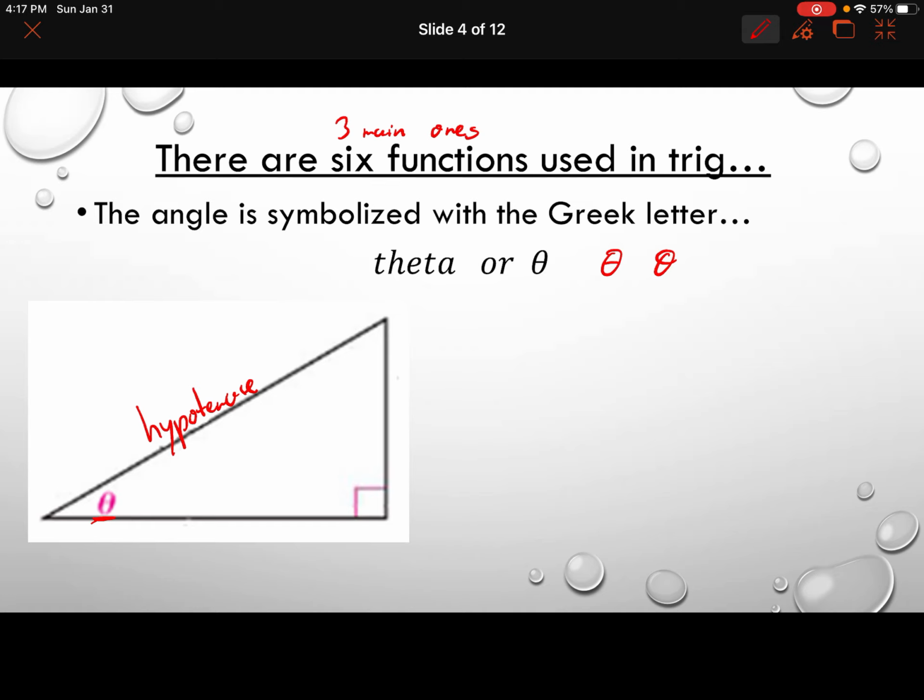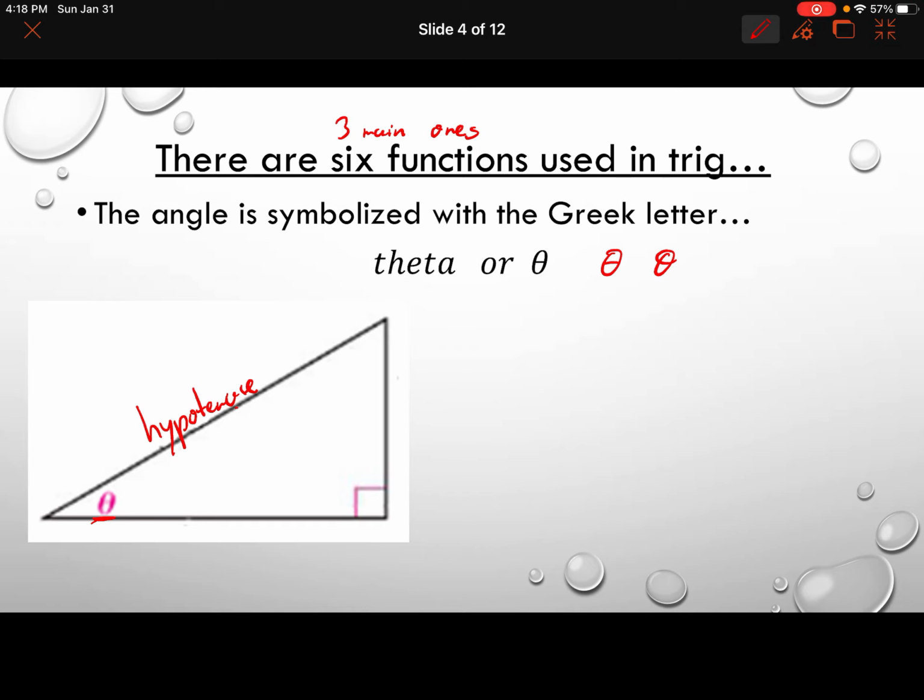Not only is it the longest side, it is always the side opposite the right angle, or on the other side of the right angle, in other words. So that one's always easy. The hypotenuse never changes no matter which angle you're looking at. And you'll see in a second what I mean.